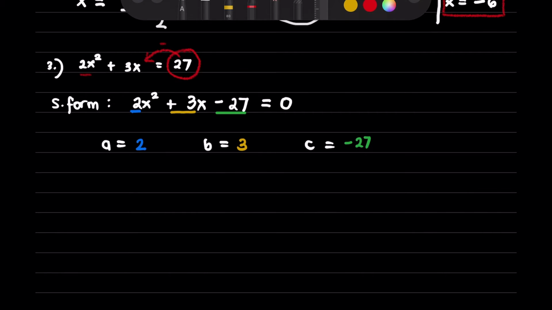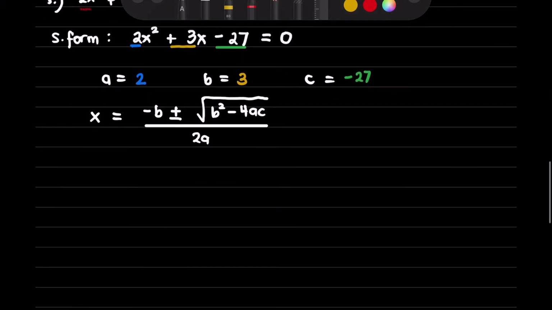So, yung quadratic formula natin is x equals negative b plus minus the square root of b squared minus 4 times a times c, divided by 2a. So, substitute x equals negative b. So, ano ang b natin? That's 3. So, maglagay tayo ng parenthesis.